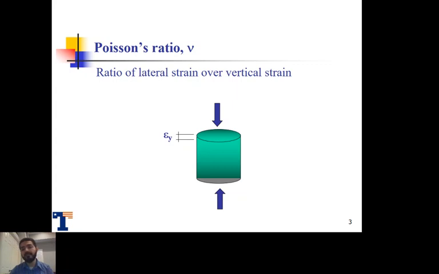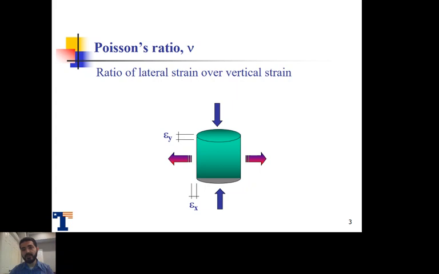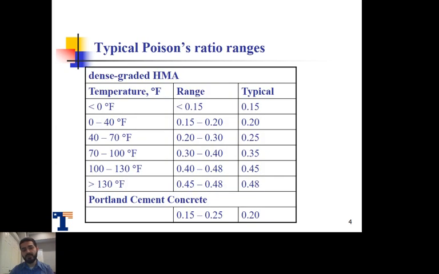At the same time, this sample will bulge or will expand in the x direction, which we call epsilon x. And that epsilon x is the difference in the x direction. That's the amount of strain, and if we divide the two of them, one over the other, it will give us a Poisson's ratio.